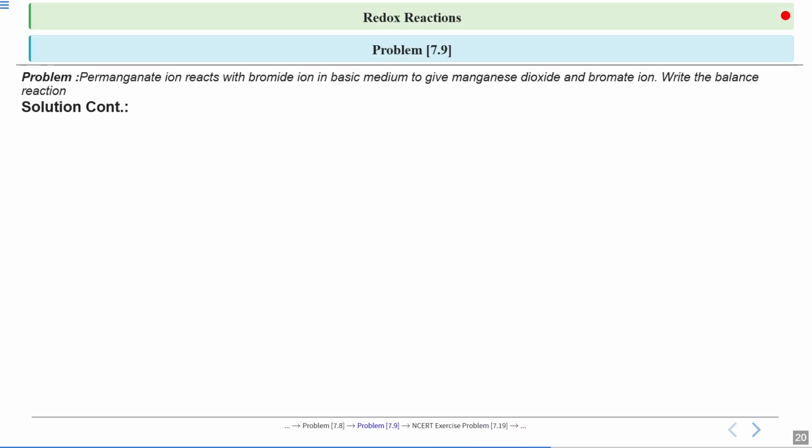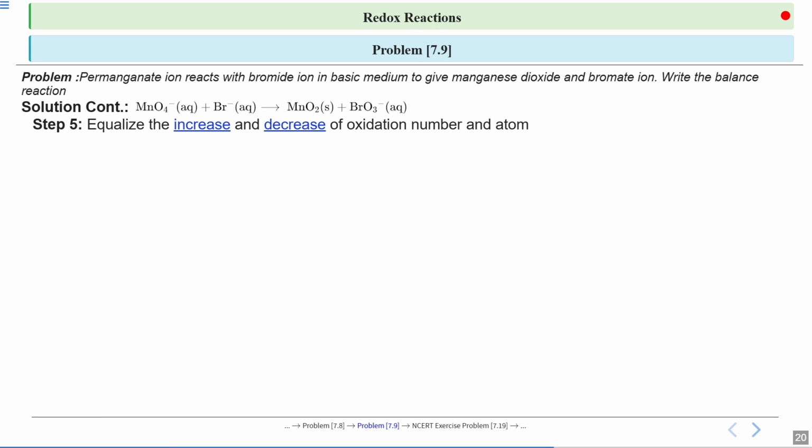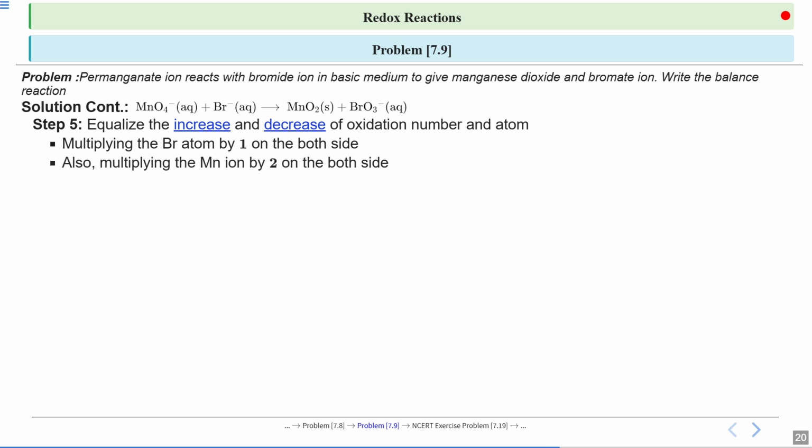Now, continuing with step 5, we will equalize the increase and decrease of oxidation number. To maintain that, we will multiply the bromine atom by 1 on both sides, and then we will also multiply the manganese ion by 2 on both sides.